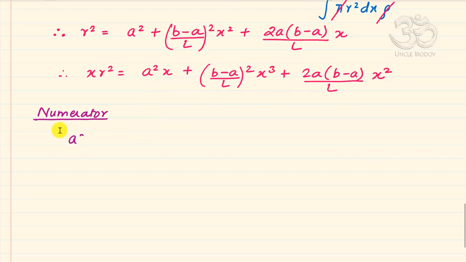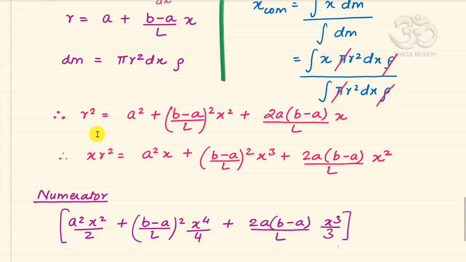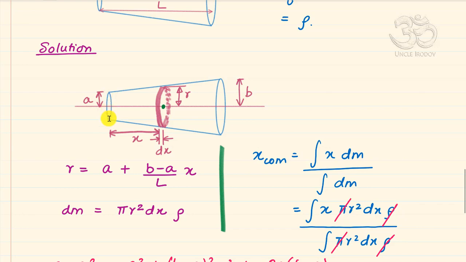So it will be a square x square by 2 plus b minus a by L whole square x power 4 by 4 plus 2a into b minus a by L into x cube by 3, and the limits will go from the least value of x, which is 0 if I take the element at the leftmost cross section, to the largest value of x, which is x equal to L, big L, when I take the element at the rightmost cross section.